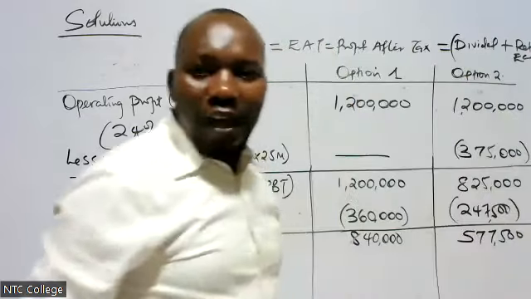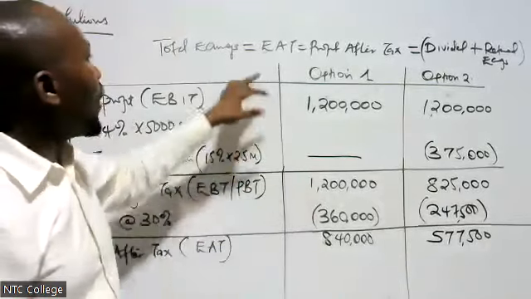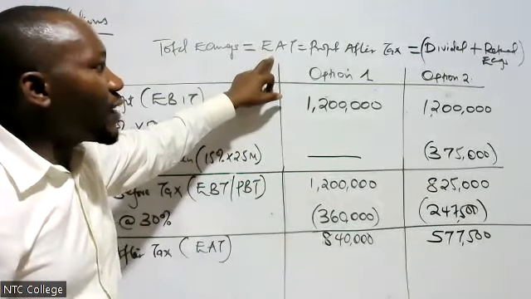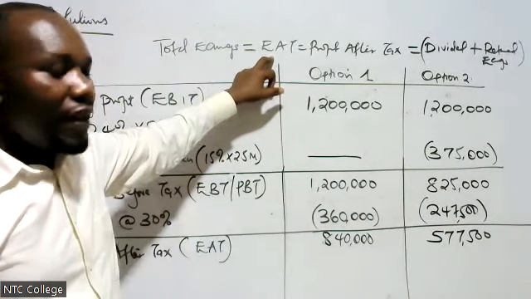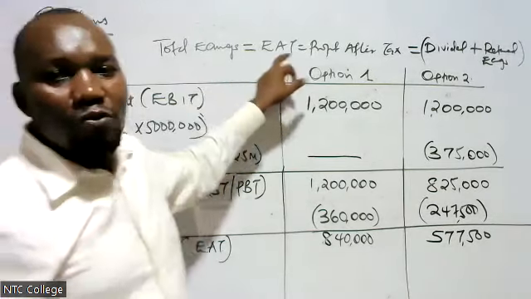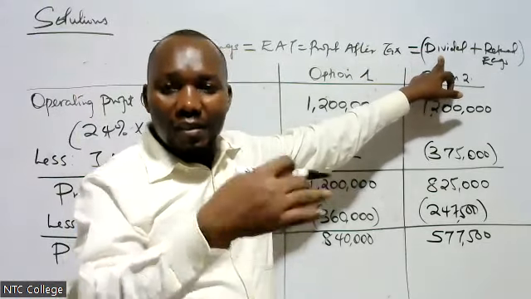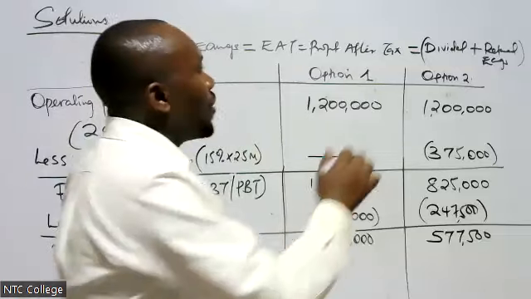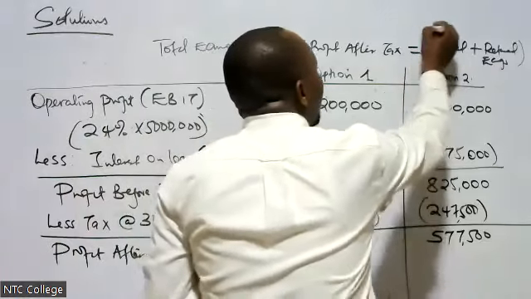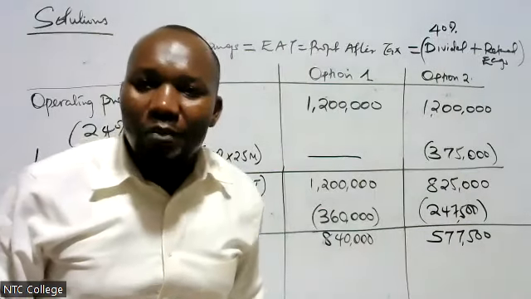So if in exams the examiner has given you the total earnings or earnings after tax, and in additional information the examiner has told you that part of it was paid as dividend, then you should know the percentage that remained as retained earnings. So the examiner will tell you, maybe dividend was 40%. That means that retained earnings is how many percent?